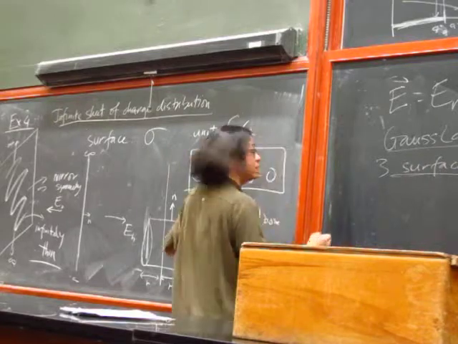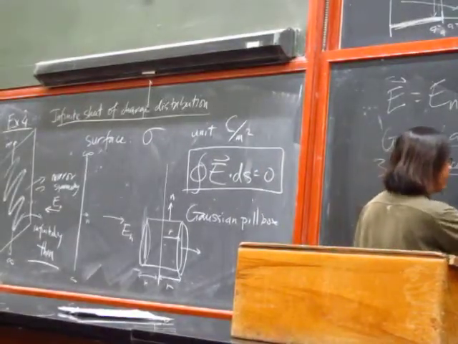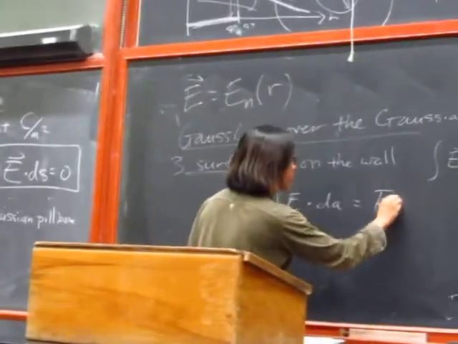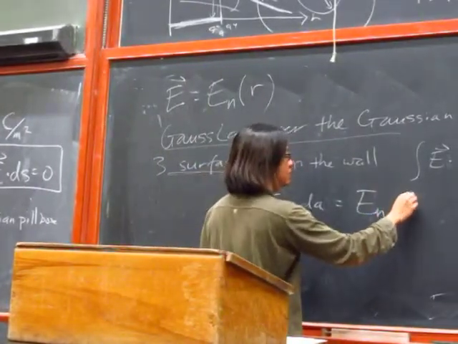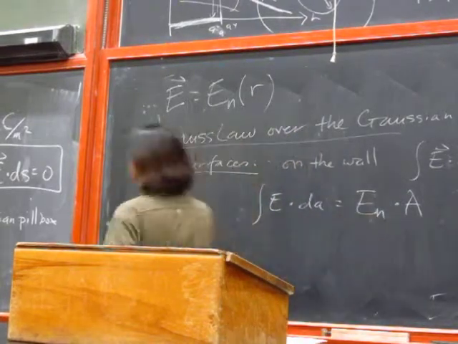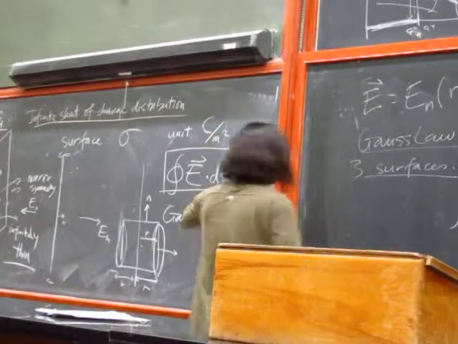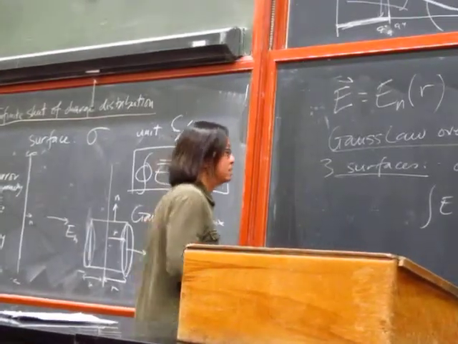Along the top surface, you have the integral of E dA, and that's just E normal times the area, which is whatever you want. It's a circle.